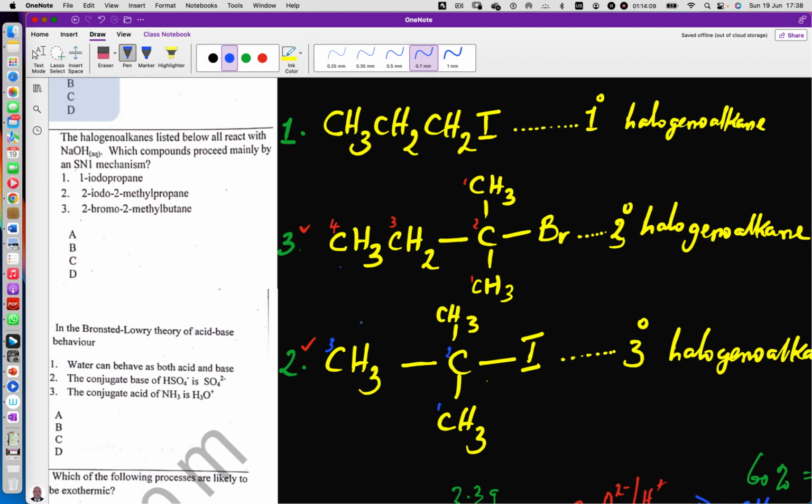Here, 2-iodo-2-methylpropane, 1, 2, 3. Still a tertiary halogen alkane.